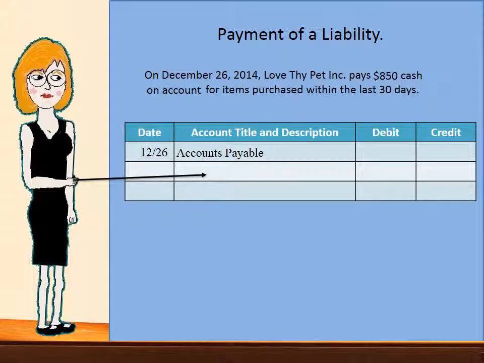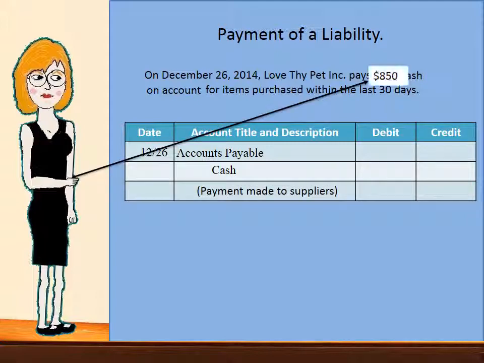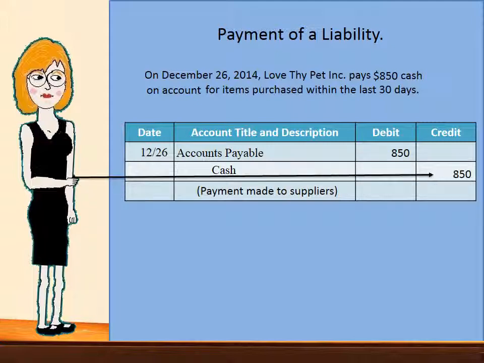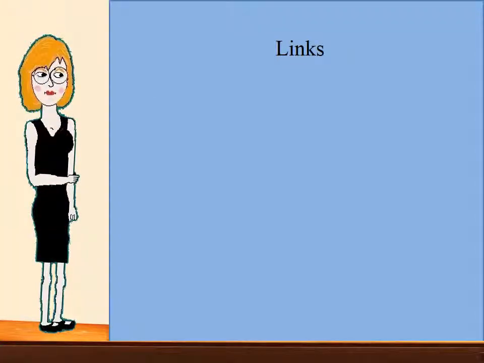And then cash, which is an asset account, we will credit that account to reduce it. The description will be payment made to suppliers. The amount, $850, will decrease our accounts payable by debiting it, and we will decrease our cash for $850 by crediting that account.